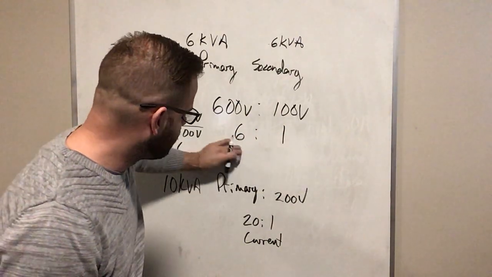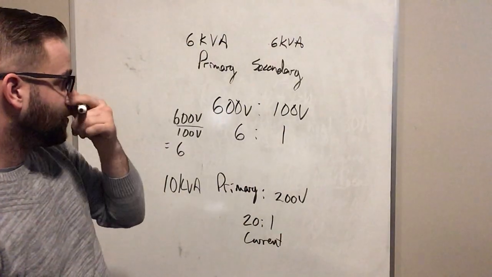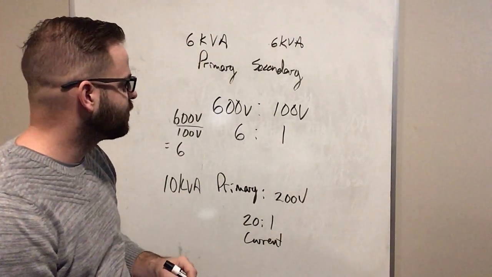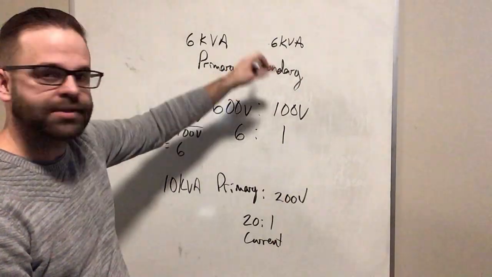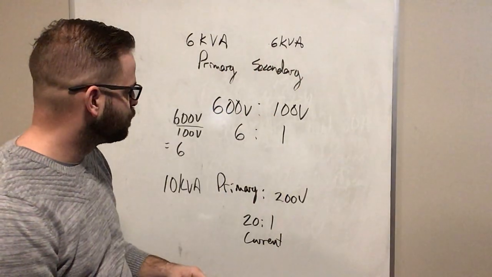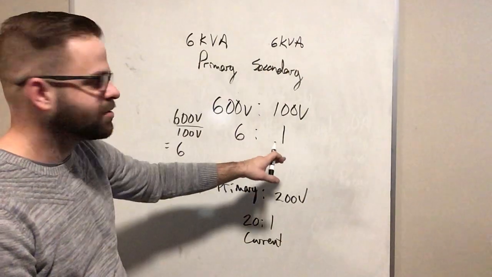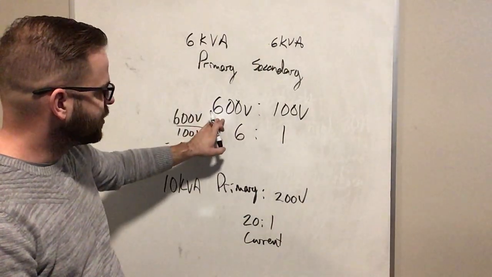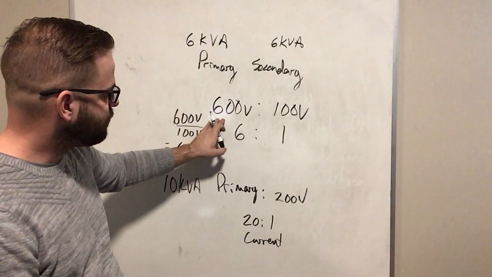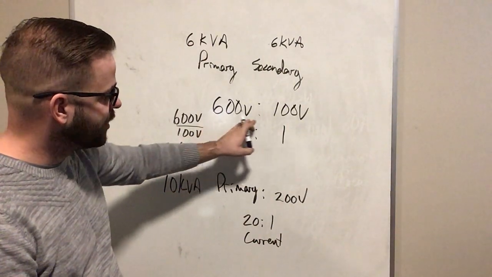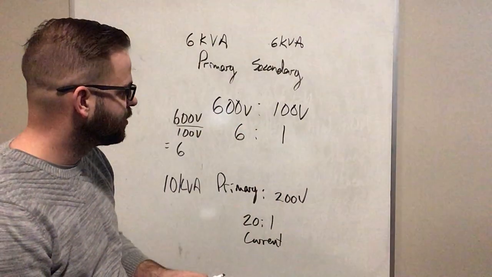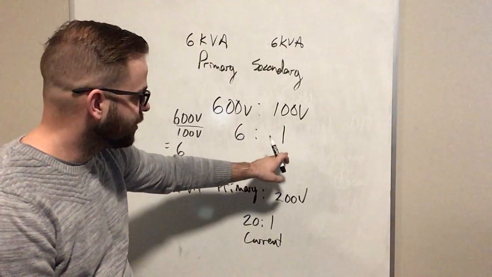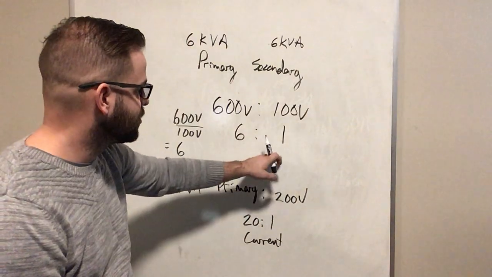Now we're looking at what our current is. So we can either take both of them and divide our currents out, but we can also use our turns ratio as we were doing before. So our voltage is going to be 6 times smaller, but our current is going to be 6 times larger on this side.